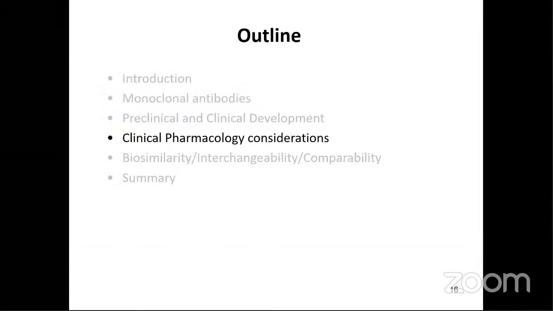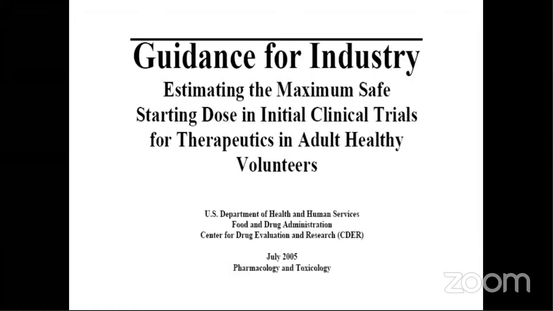That brings me to the next section, which is the clinical pharmacology considerations for biologics per se. As I mentioned previously, the maximum safe starting dose is very important in the context of initiating first in human studies, that too in healthy volunteers.